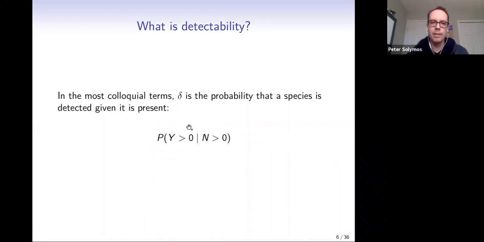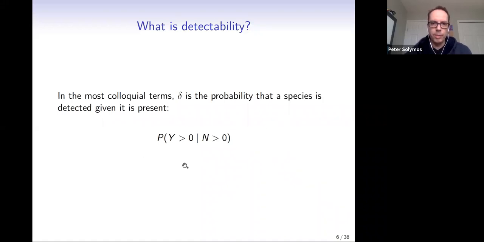And so Y, that is your observed data. This becomes anything between 0 and 3, because even though there are 3 individuals present, you might get really unlucky and detect none, or you might just hear 1, hear 2, or all 3. So Y, if N is greater than 0, can also be greater than 0, in which case we detect that species.